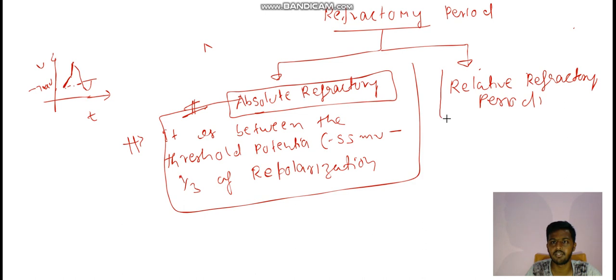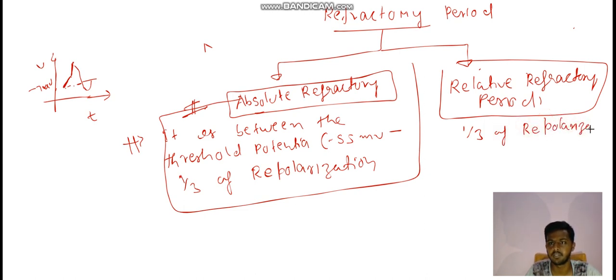But in the case of the relative refractory period, that is from 1/3 of repolarization to the end of the action potential, if a new and strong stimulus comes in this period, of course it is going to produce a new response.